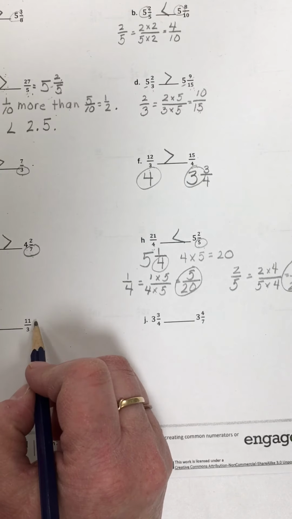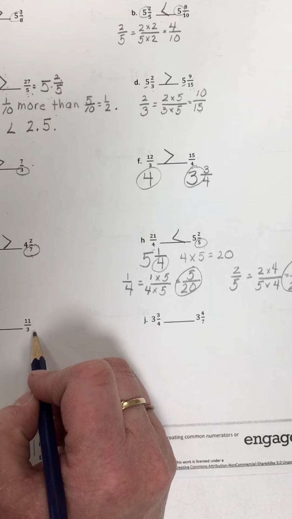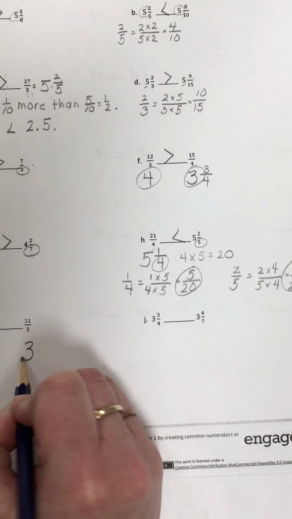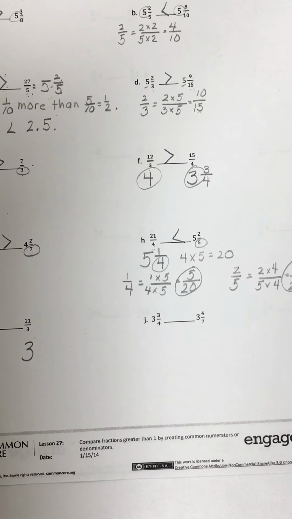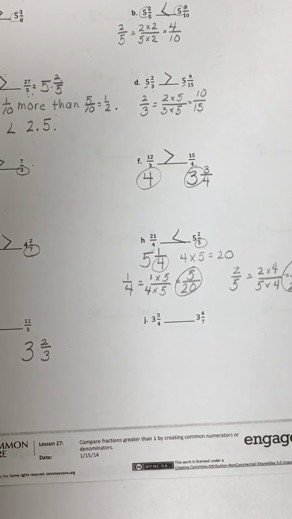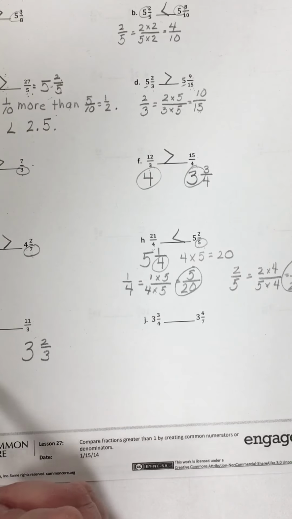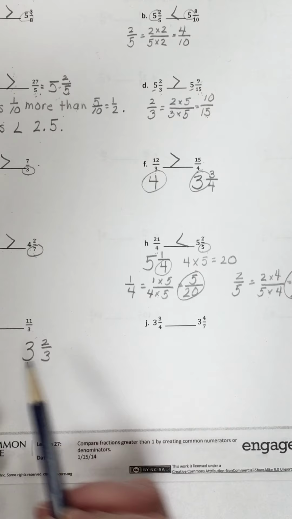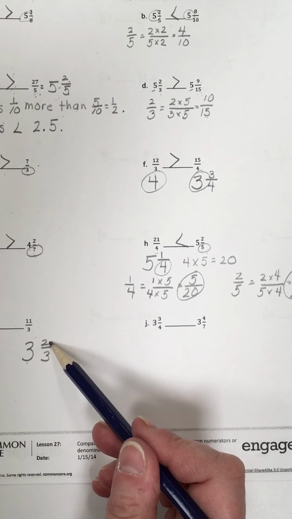Now I'm going to divide 11/3. 3 can go into 11 3 times. 3 times 3 is 9. 11 minus 9 is 2. Keep the same denominator. Now, when I look at my whole numbers, they're the same. My numerators are different.